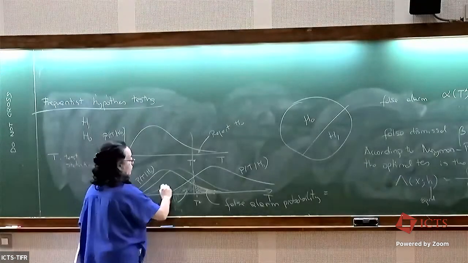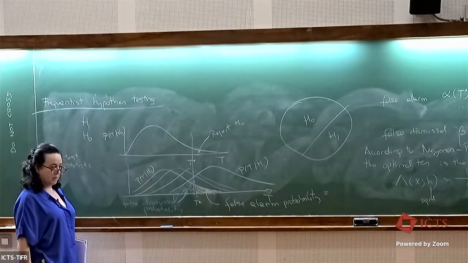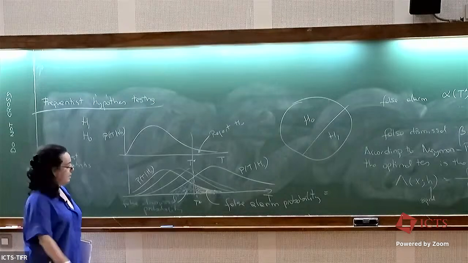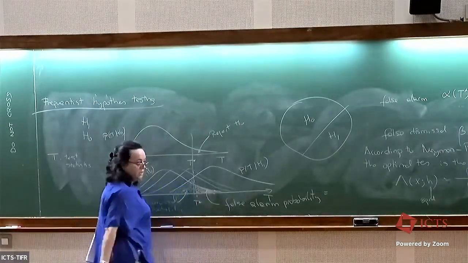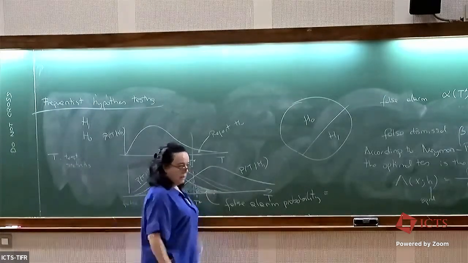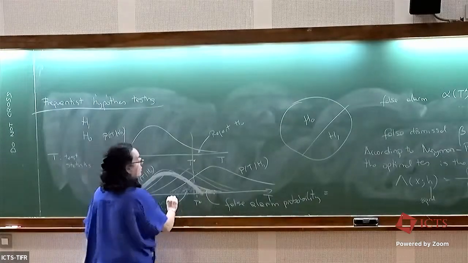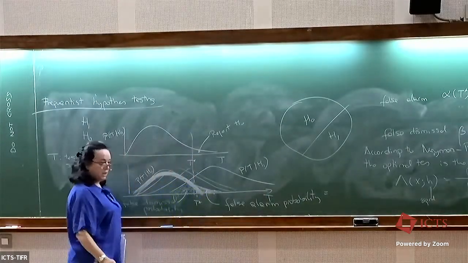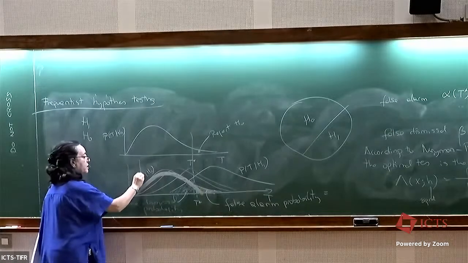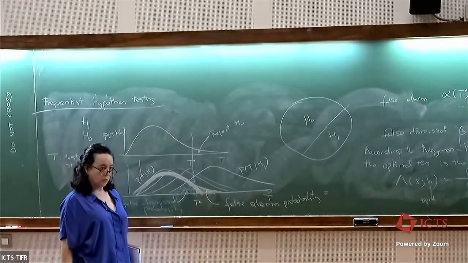If you are working with stronger amplitudes of the signal, these distributions become more and more far apart. And if it's very strong, they are very far apart. How far apart the distribution of the noise is from the distribution of the signal is going to depend on the kind of test you decide to do.